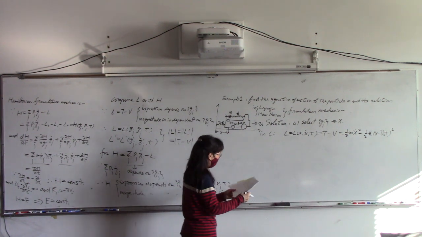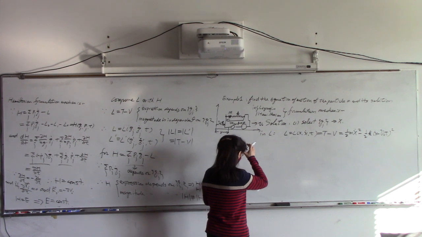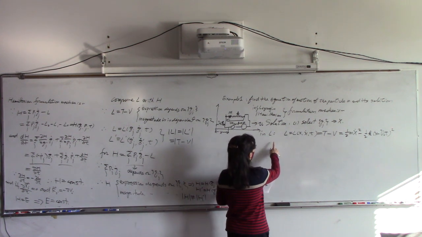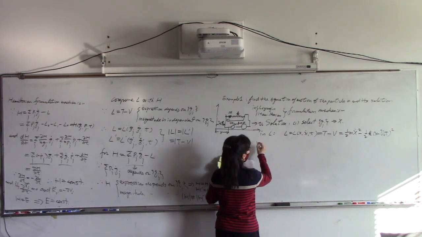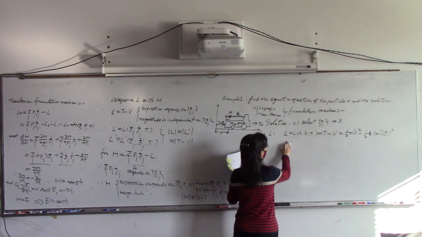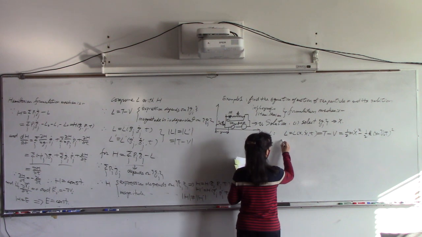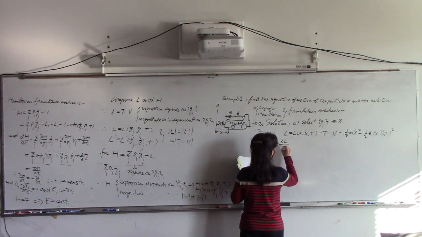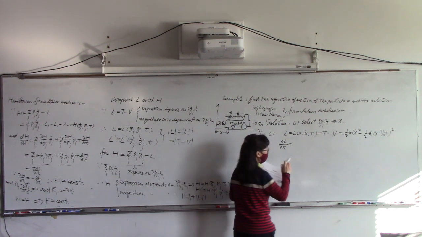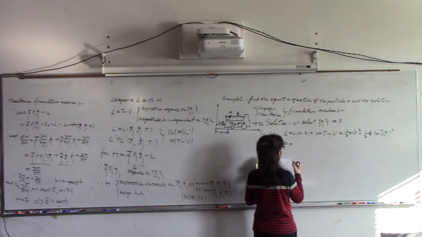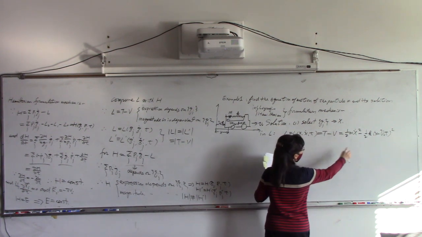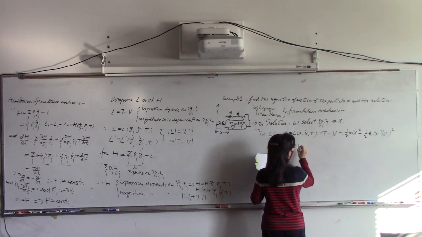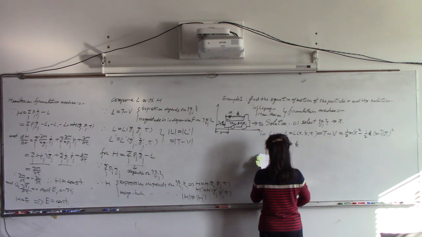Now we can solve it, right? First we need to find each partial term, then we substitute into this Lagrange equation. Partial L partial x is this one, right? So that is k. I think we have the minus.